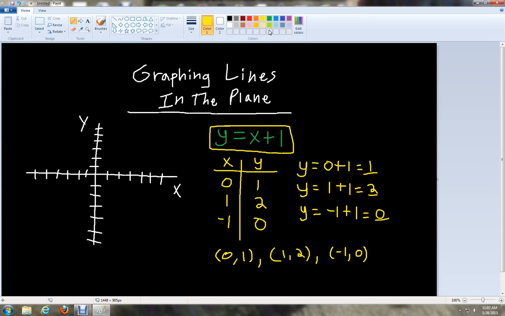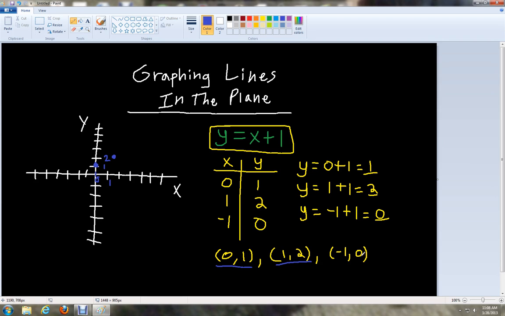We'll use a different color to plot our points. The first point we'll plot is 0, 1. We start here at 0 and then go up 1 for y. There's our point for 0, 1. For 1, 2, we go right 1 on the x, and then up 2 for y. There's 1, 2.